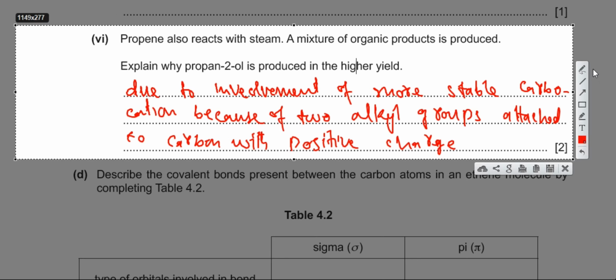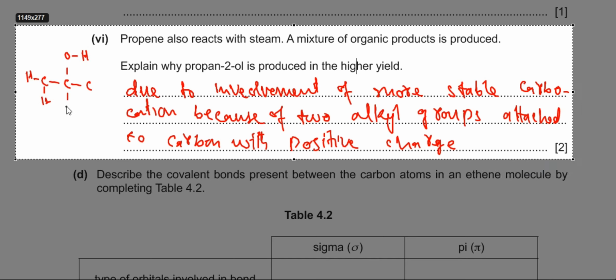Okay, let's see what the product propan-2-ol is. Let me draw this: one carbon, second carbon, third carbon, and on the second carbon we have OH. So here we have H, H, H, H. What is the definition of a secondary alcohol?